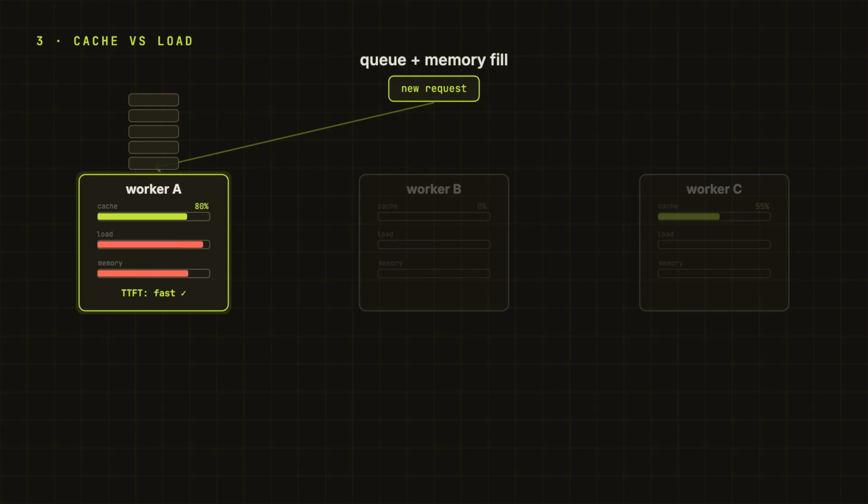Its queue grows, its memory fills. And now requests are landing on a worker that has a beautiful cache hit and no room to actually run them. So they wait. The cache hit was perfect, and the first token time went red anyway because we piled everything onto one worker while the rest of the fleet sat idle. So cache affinity on its own builds a hotspot.